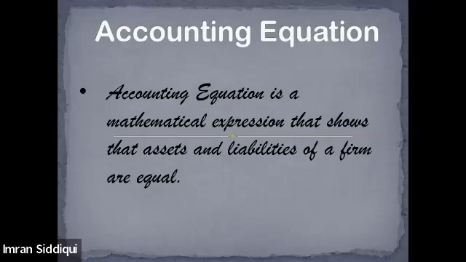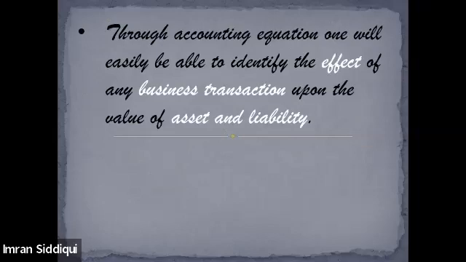Now, keeping that in mind, let's move to the next slide. It asks what is the purpose of preparing the accounting equation. The purpose is to identify how a business transaction is affecting the asset and liability. So if we want to determine how a particular business transaction is impacting the assets of the company, and how it is impacting the liabilities, for that purpose we can make the accounting equation.